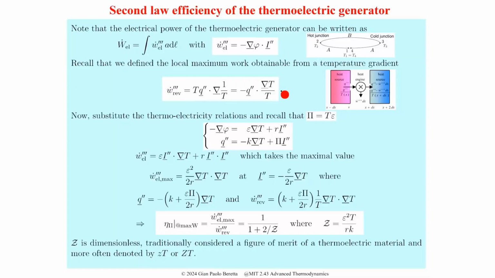Therefore, the second law efficiency of your thermoelectric generator, locally at least, is given by the ratio between this and that, which we can calculate because we have the equations for the gradient in phi and for Q. It's the same equations that we started with.